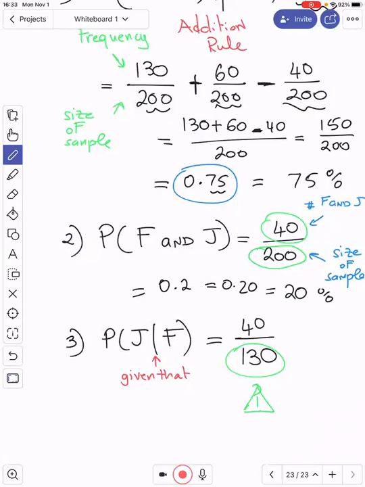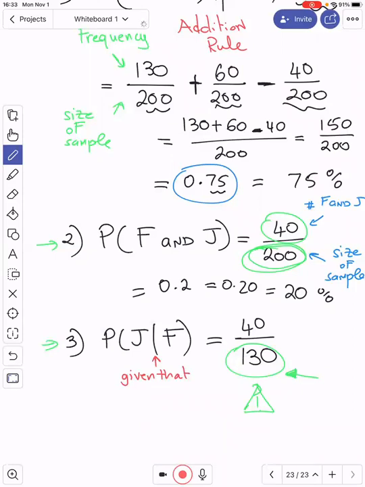That's why the size of the sample is 200, because the student selected at random is not necessarily female. In number 3, we know that the student is a female, so we can forget about the males, and our sample is just the female students. That's the difference between number 2 and 3.